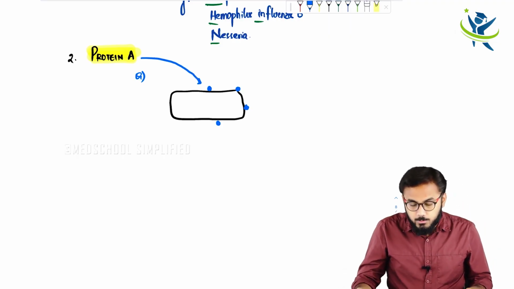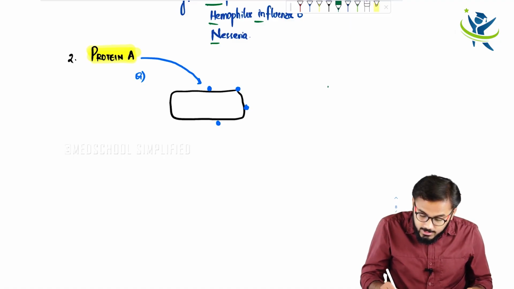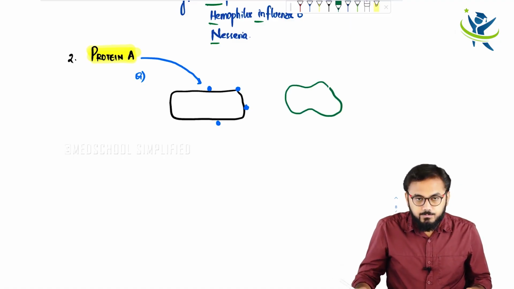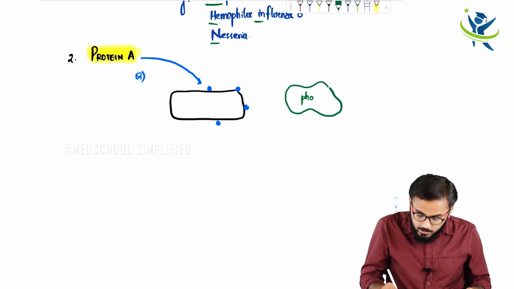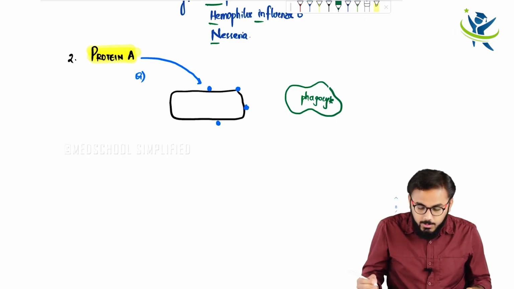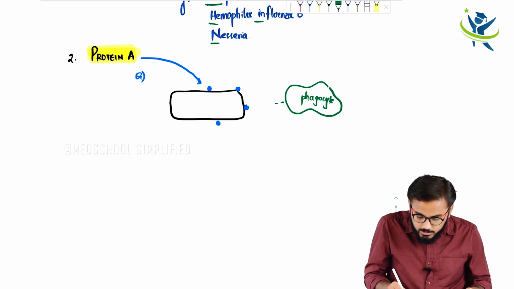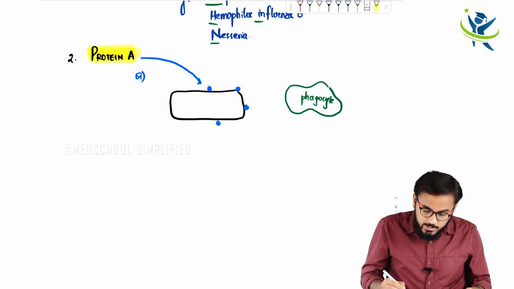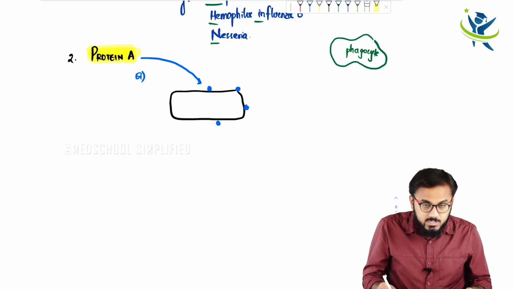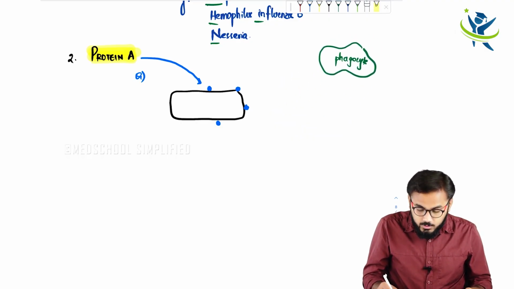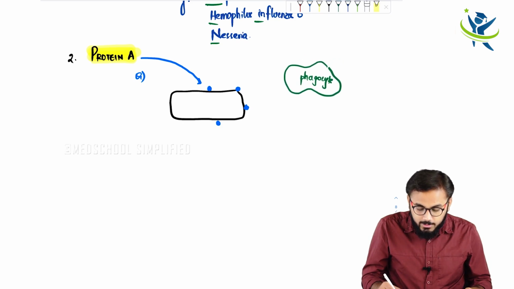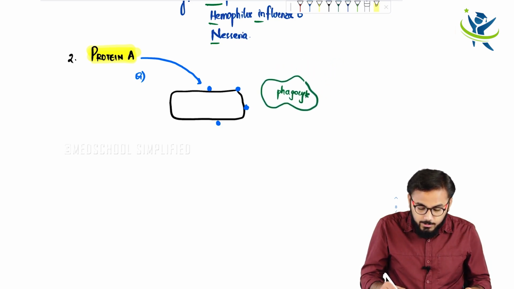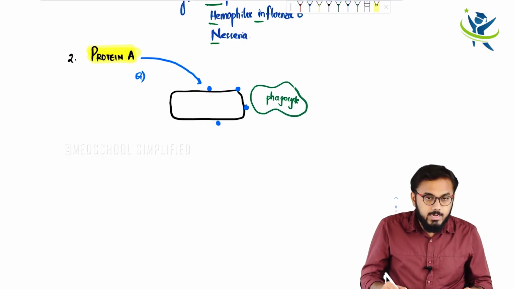So what is the use of this protein A? Let us say this is my phagocyte in my body, and this phagocyte is slowly approaching this bacteria. As the phagocyte is slowly approaching the bacteria, this protein A will kick the phagocyte far away.